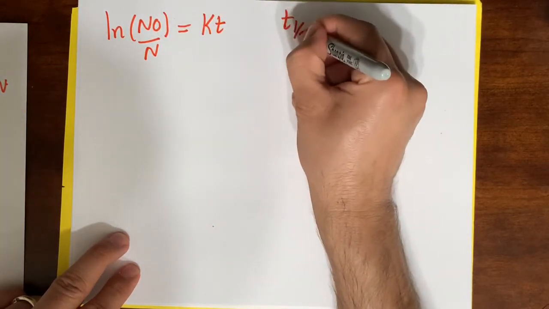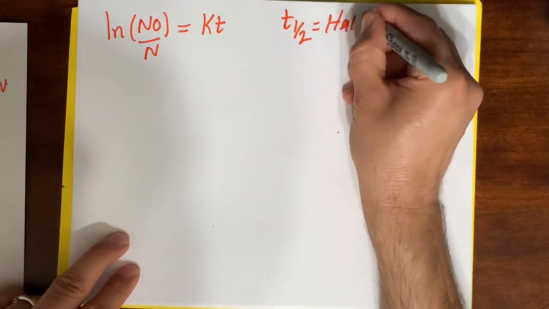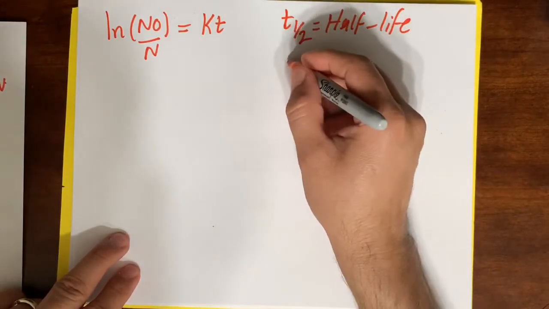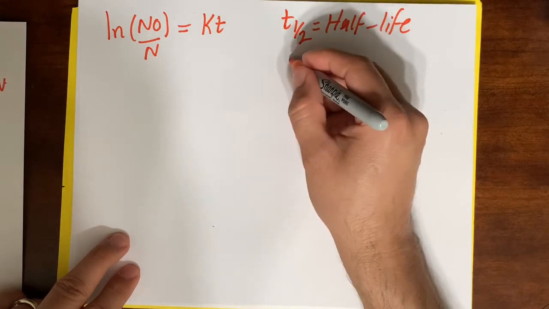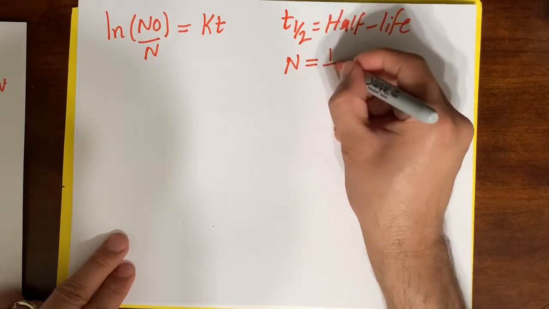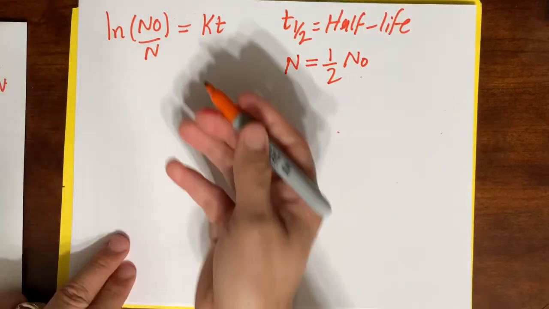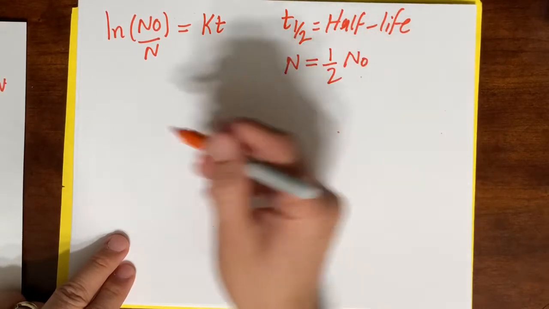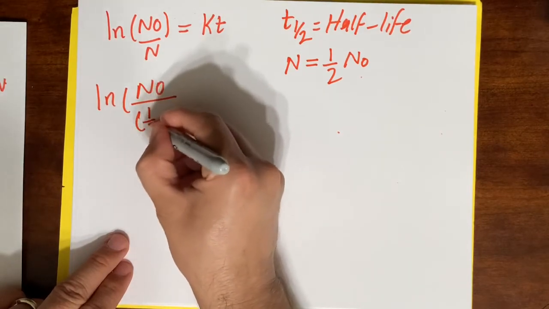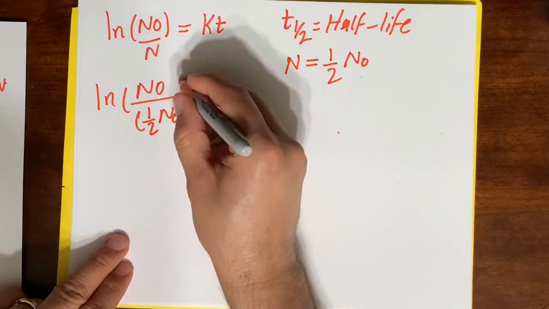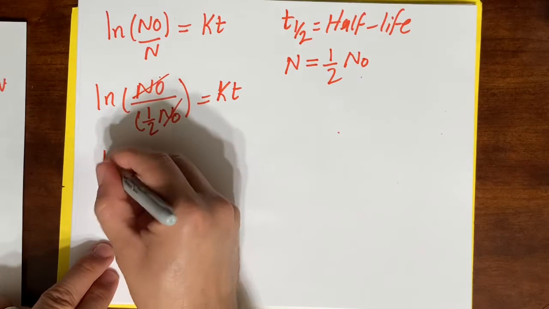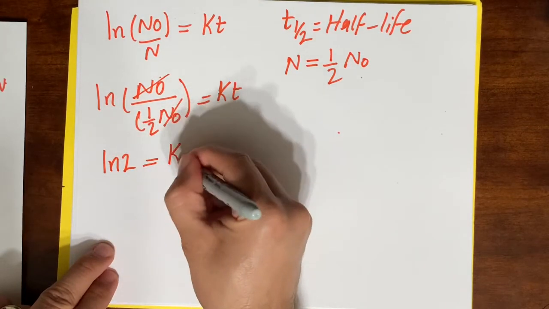Half-life is equal to the time that I need to spend to make the final concentration N equal to half of N0. Wherever you have N, replace it by half of N0. So I go ln of N0 divided by half of N0 equal to kt. So you cancel N0 by N0, and we get ln of 2 equal to kt.